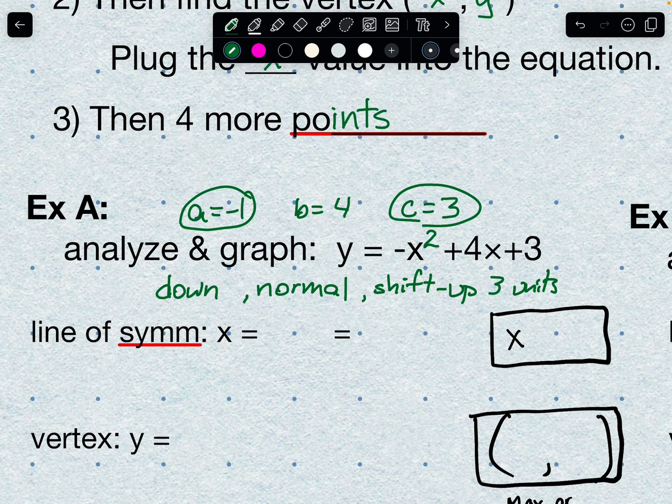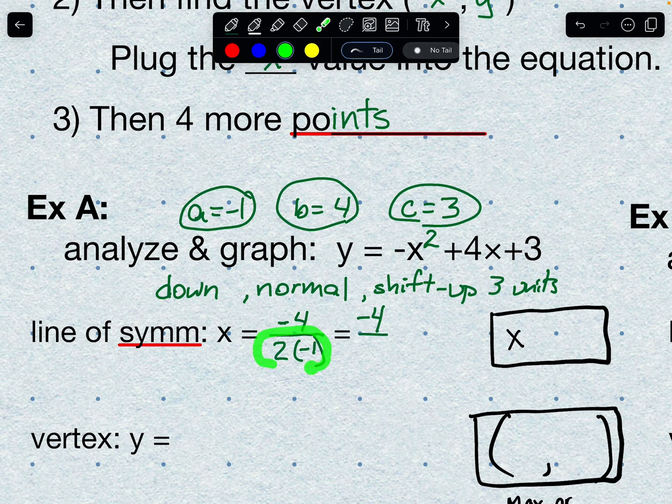All right, line of symmetry. Negative b, which is 4. So what's the opposite of 4? -4, divided by 2 times -1. When you do this part of the problem, always do the bottom part first on your calculator.